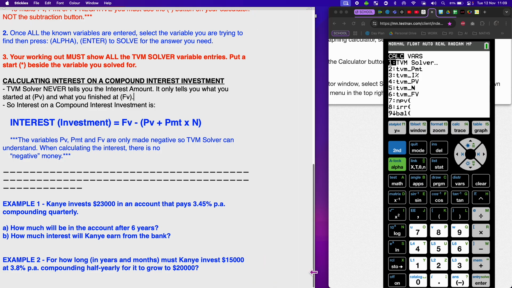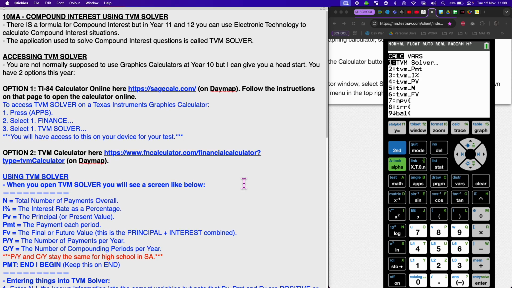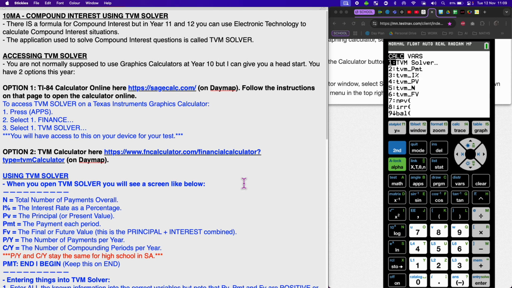Does anyone have a parent or something that is an accountant? They're probably familiar with this. TVM stands for time value of money, okay? As soon as your question says compound interest, use this. If it says flat or simple interest rate, the formula was SI equals PRT, all right? It's a multiplication.